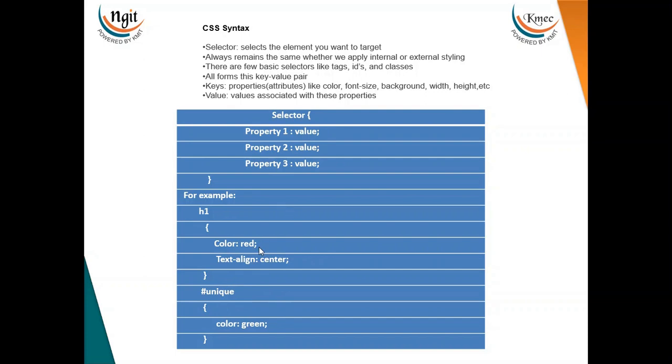If you have many text boxes, each text box is given a unique ID. Whenever we want to target that element, like the first input box, we call it by its ID, and that ID I want to be in a green color. This is one example showing how we use selectors, tags or IDs.